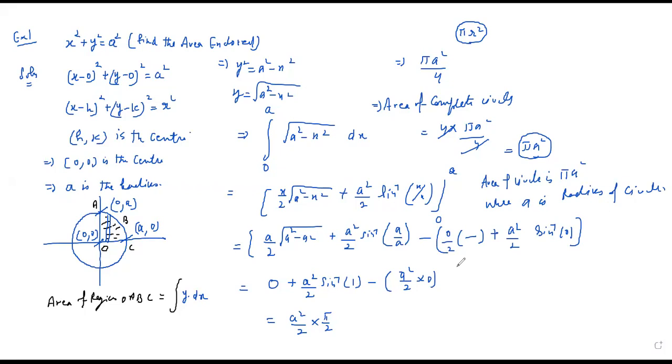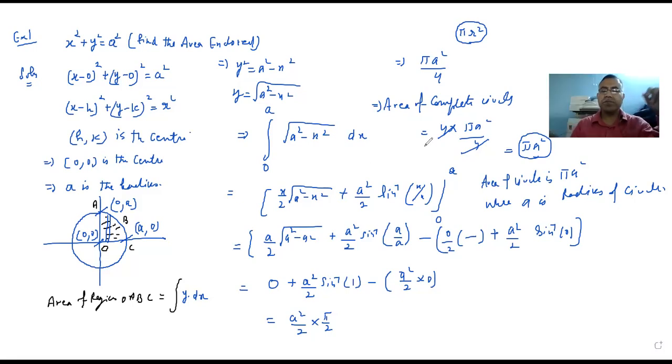This is equal to pi times a times b, where a is your major axis and b is your minor axis. So in the same way, if the question comes to you in the paper, what is the area of the ellipse, and he will give you 4 options, or he can give you the value of the minor axis and major axis, and then he'll ask you to find out the area, that you can easily get.